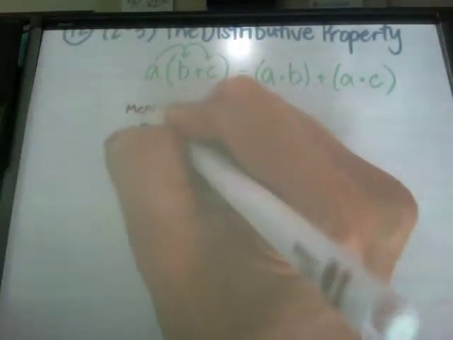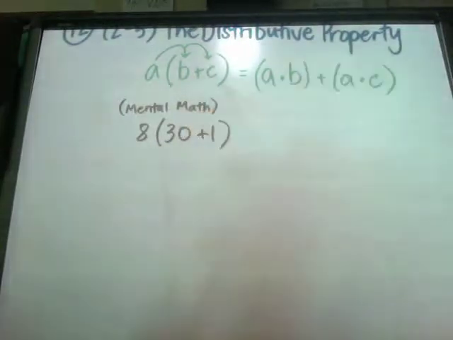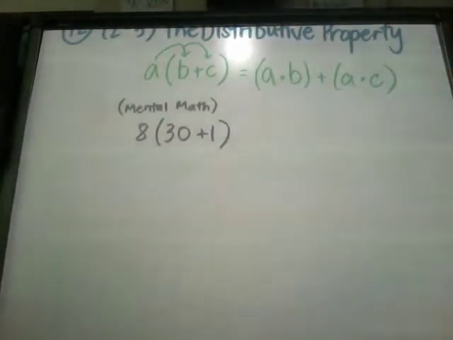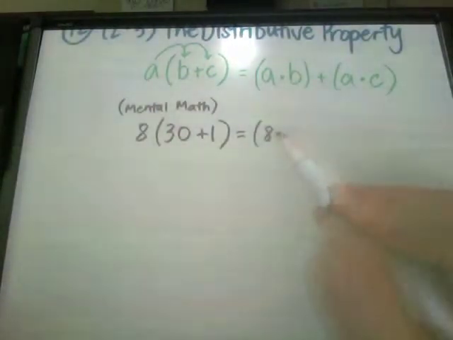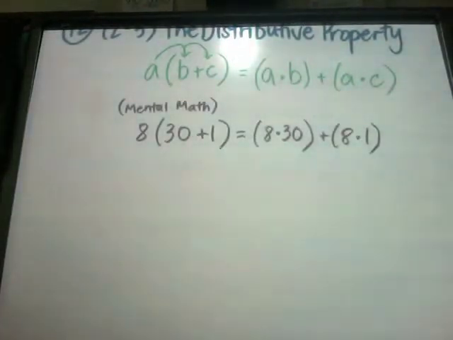But here's the idea, if it's just numbers, we're going to try to do it using mental math. And I don't know about you guys, but if I add those two numbers together, 31, and I try to do 8 times 31 in my head, I might make a mistake. But if I use the distributive property and I do 8 times 30 plus 8 times 1, those are easier numbers to work with.